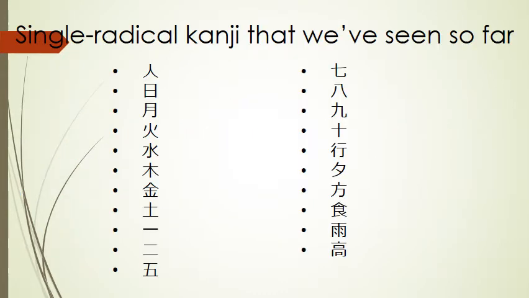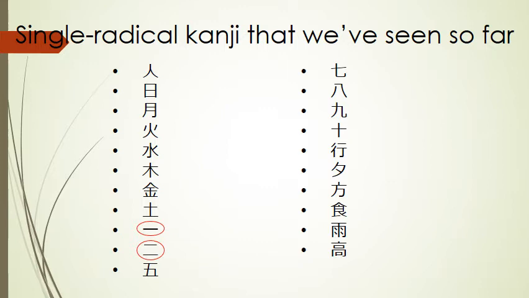So here are some of the kanji that we've seen already that are a single radical in and of themselves. Now you may be noticing already, hey, wait a minute, we've got ichi and ni right here.